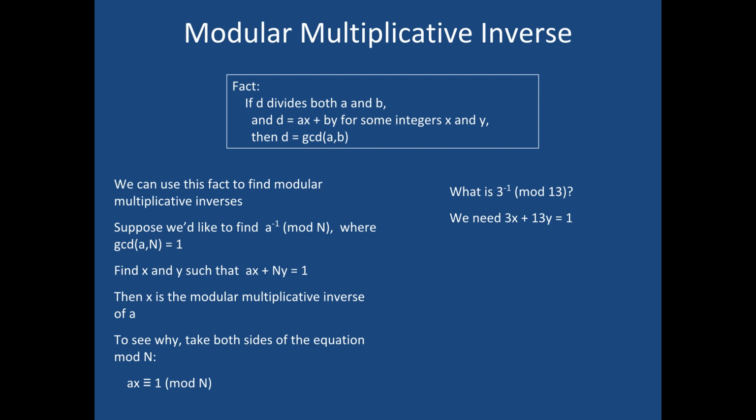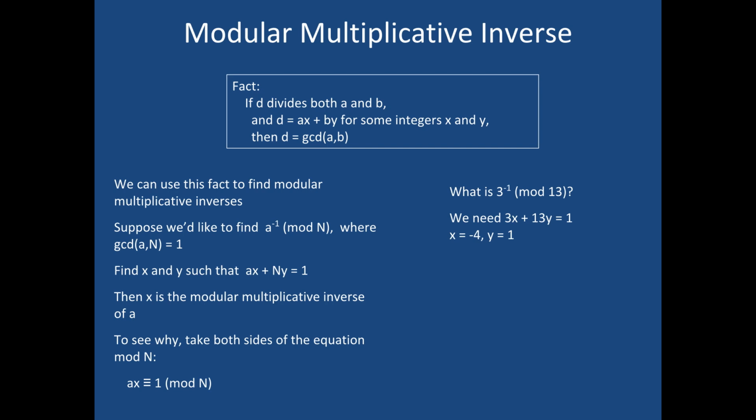So what's the solution to this? What's an x and y that solves this equation? Yeah, 9 and negative 2. Okay, 9 gives you 27, and negative 2 gives you 26. I found a different one, it looks like. I mean, there are lots of solutions.